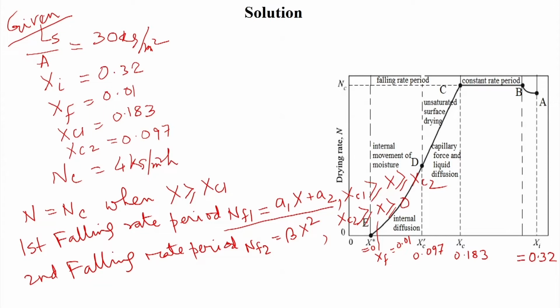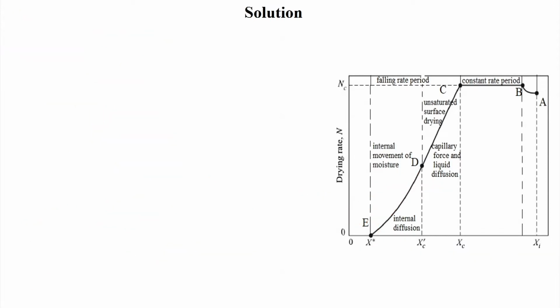We will mention the conditions like this. At x is equal to Xc1, we have A1 Xc1 plus A2 equal to NF1, and that is also equal to NC, because that is the beginning.